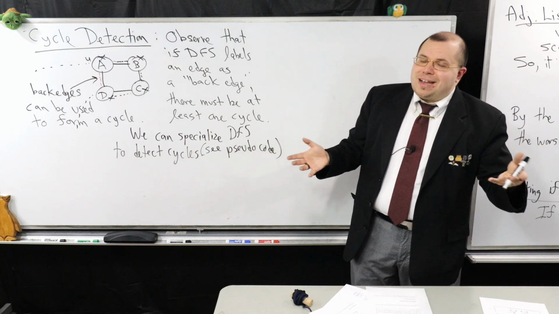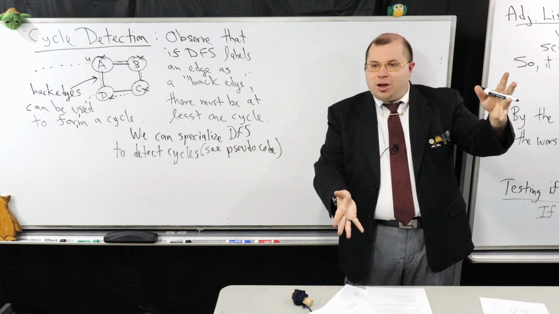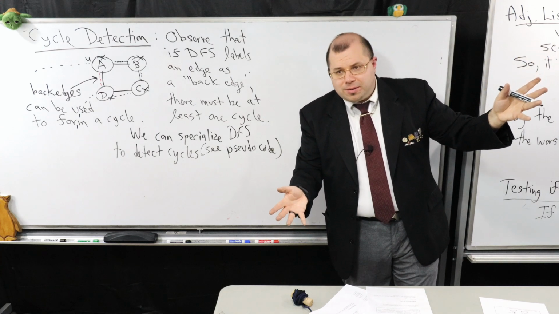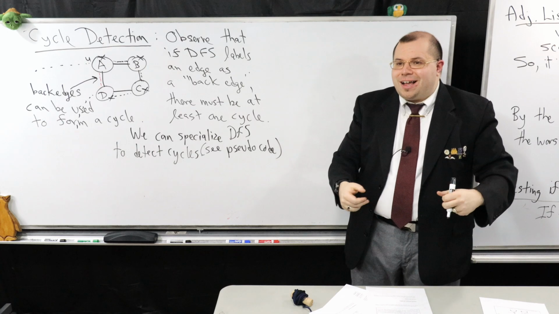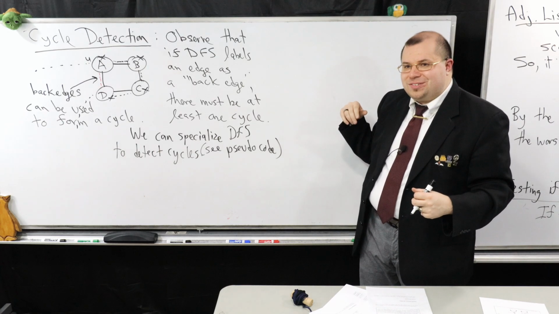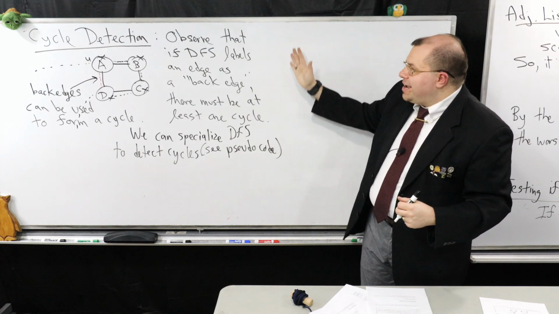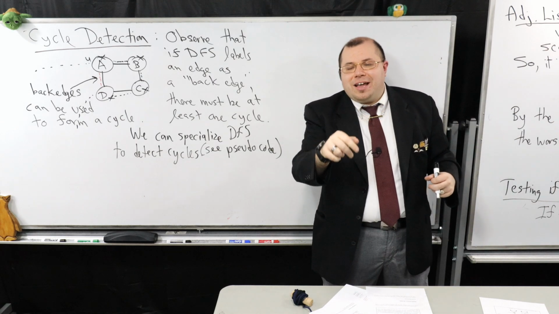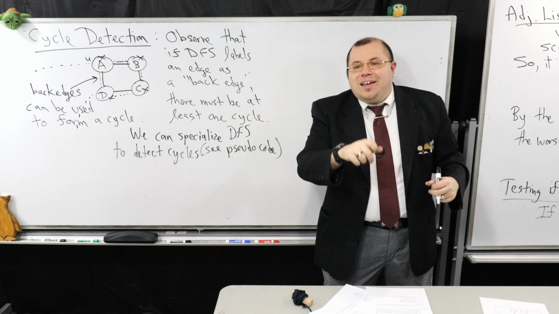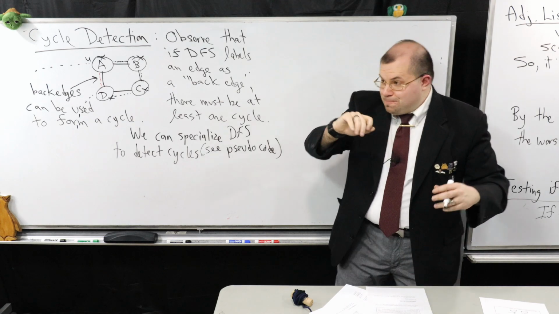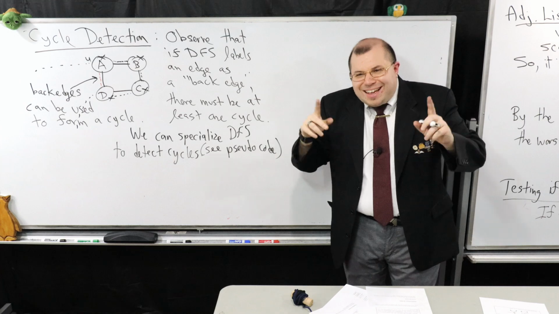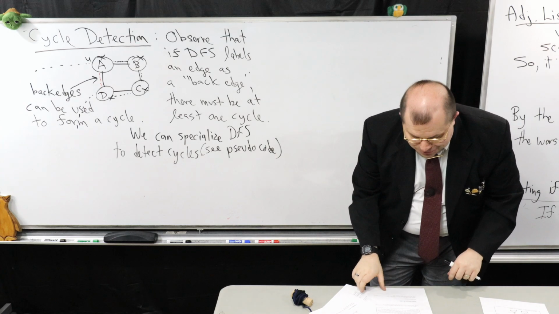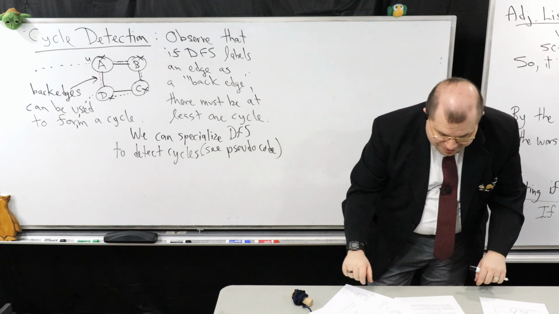That's why I'm saying DFS is like a general framework, not just a general traversal algorithm. It can look like a skeleton that I can specialize to solve specific problems on graphs. In this case, all I need is the part of DFS that detects the back edges. If I can detect the back edge, then boom, I can tell you if there's a cycle in the graph or not. That's one neat thing you can do with DFS.